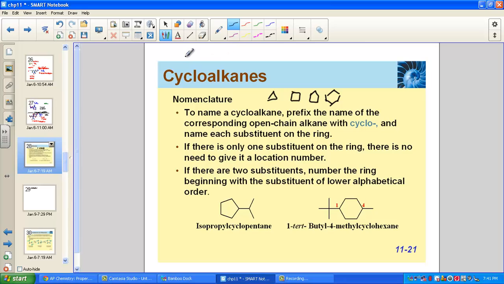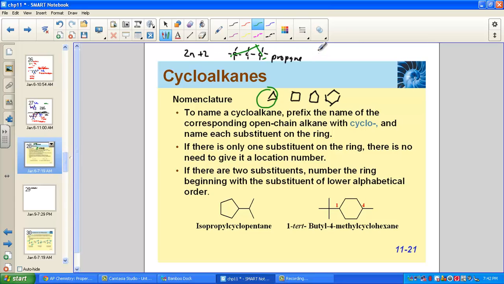Thinking about our last straight chain rule, where we learned 2n plus 2 gives us the formula, where n represents the number of carbons. When we hook together the chain, let me just cut a model. If I hook together propane, which is a straight chain molecule, and take these 2 carbons at the end and bring them together and attach into this cyclic structure, you can see to hook them together we have to eliminate a hydrogen off of each end.